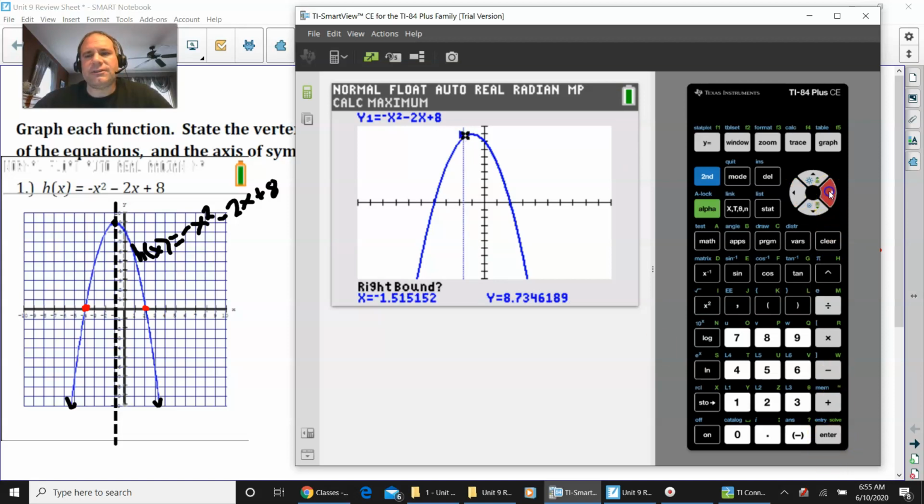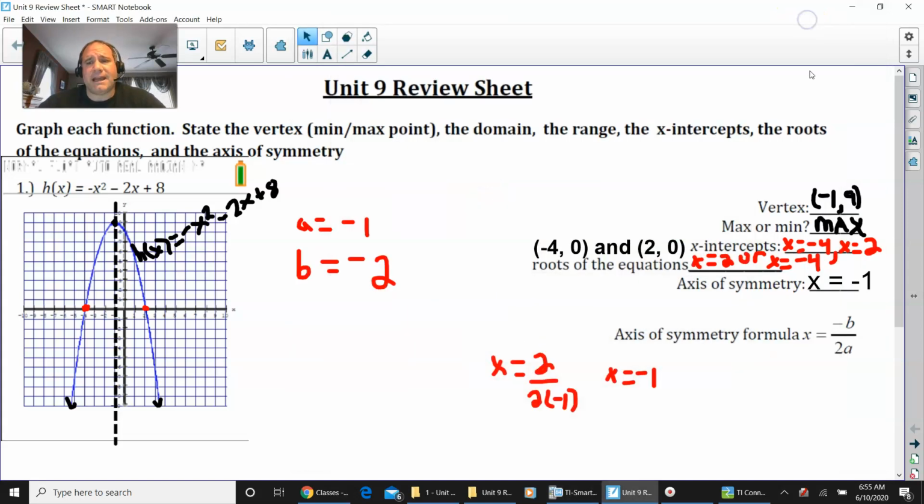It'll say right bound after you press enter, and then you press enter again. You're moving the cursor over to the right, and then it says guess. I like to put it right here. It makes sense, and that is the vertex, which is -1, 9. So you can put that down as the vertex, and you could also put down that it is a max right here.